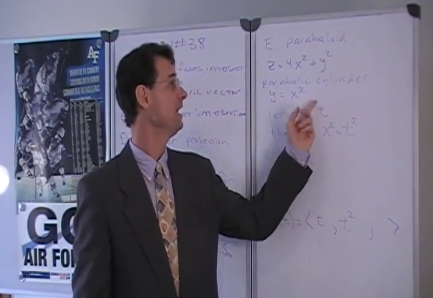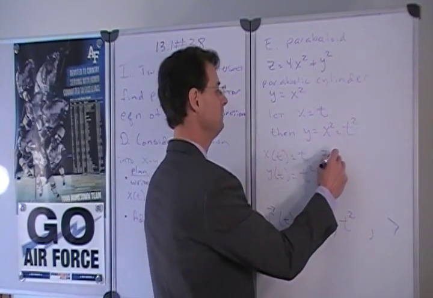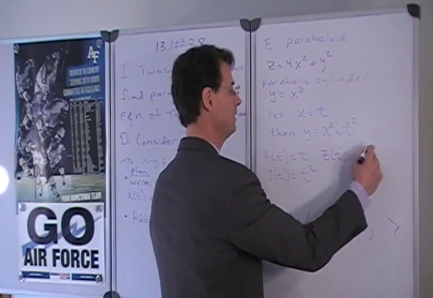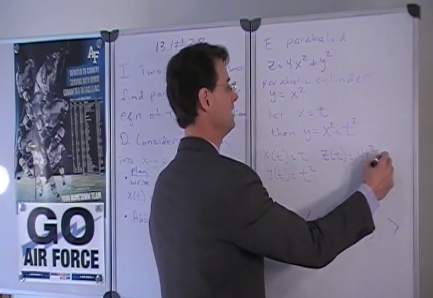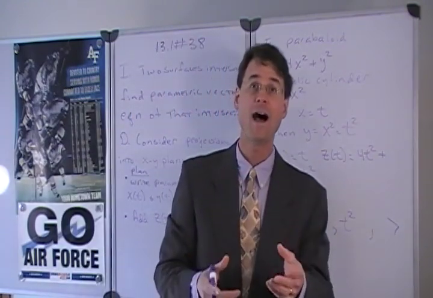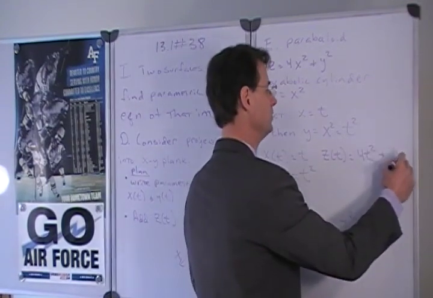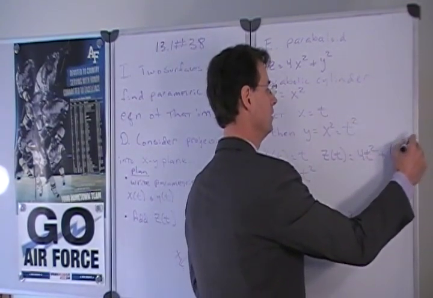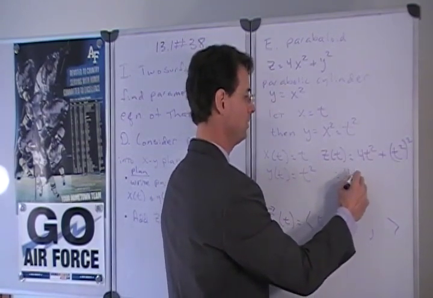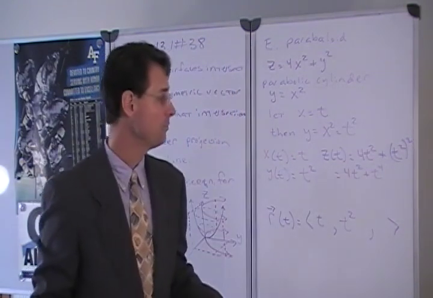Now we can substitute in the x and the y so that z of t is equal to 4x squared, well that's going to be 4t squared plus y squared. And this is where we need to take a little care, because y is t squared, and now we're squaring y, so this would be t squared squared, so z becomes 4t squared plus t to the 4th power.